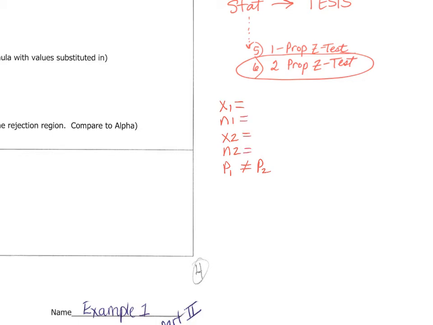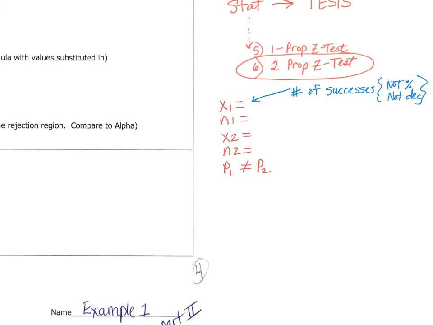Listen up, this is important. This right here is a number of successes. This is not a percent, and it will not be a decimal number. If you put in a percent or a decimal number right there for X1, you will get a calculator error.